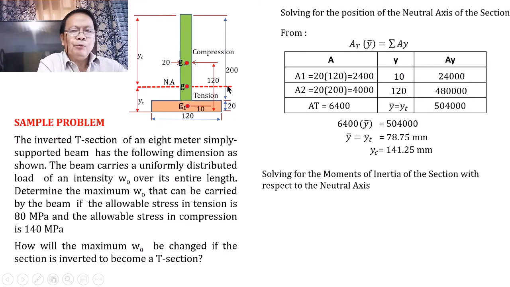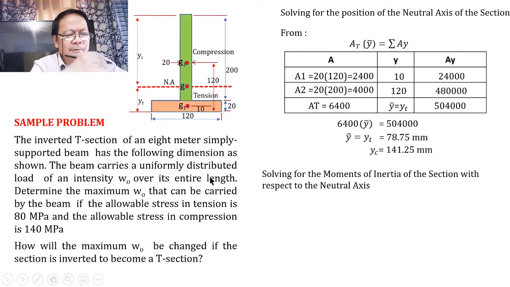And I would like to let you recall the formula for the moment of inertia of a rectangle about the base. Isn't it that the moment of inertia of a rectangle about an axis through the base is equal to 1/3 of b times h cubed, na kung saan yung b ay ang width ng rectangle at yung h ay ang depth ng rectangle.